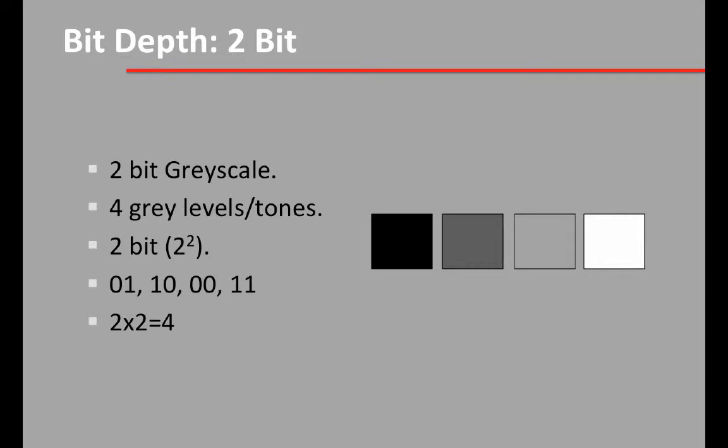Okay, now in a 2-bit bit depth or pixel depth, we have 2 bits now, so we have 2 to the power of 2. So 2 times 2 equals 4. So we have now 4 different variations that pixel can actually reproduce tone.